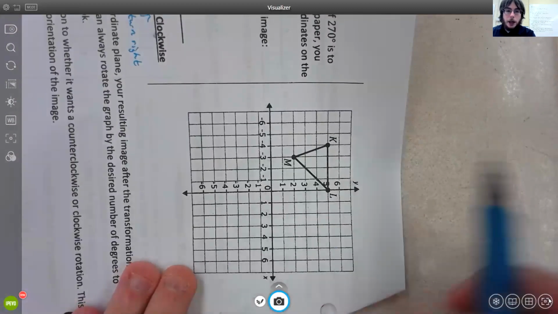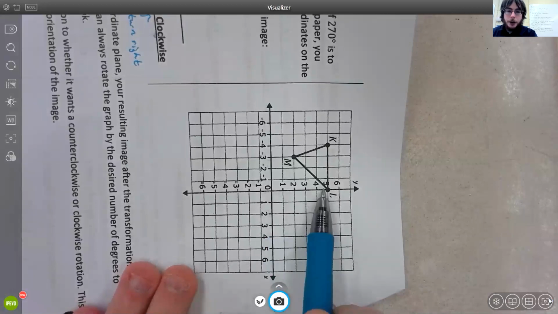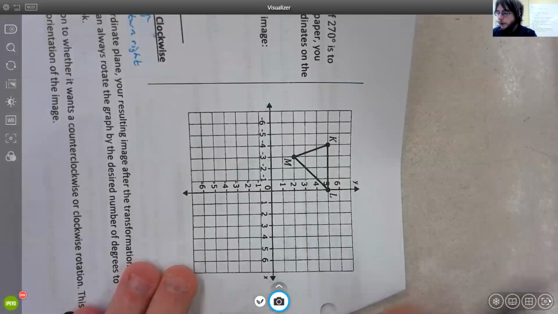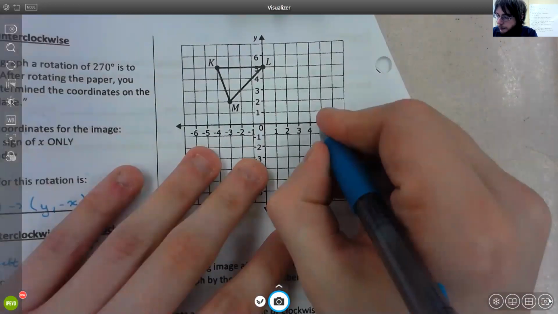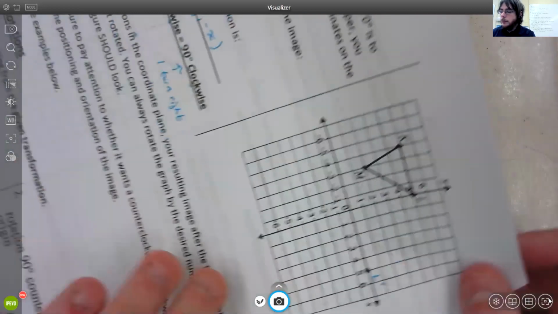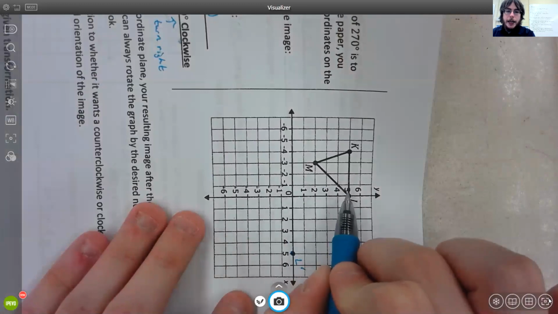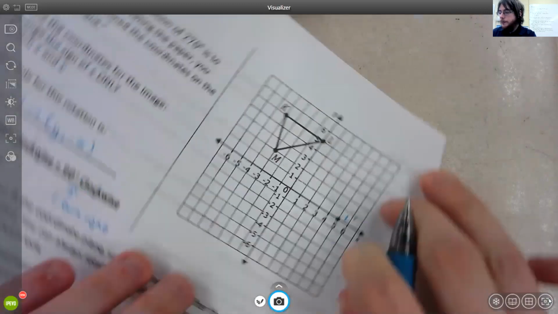So now we're going to plot our image here. So our new coordinates for L, we have to go over 5. We don't go up or down any, so our new coordinates are 5, 0 for L prime. Then we look at K. K, we have to go to the right 5, then up 4.